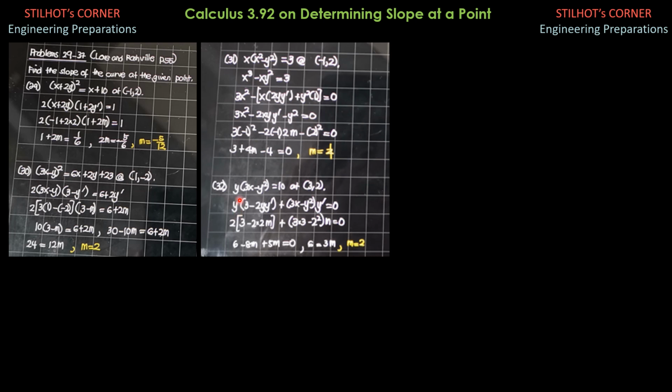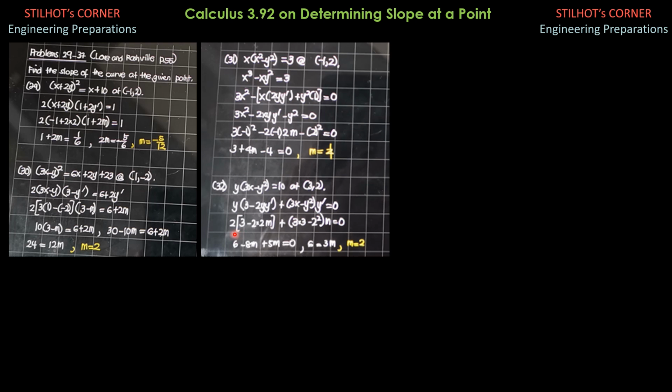First y, the derivative of (3x - y)² is 2(3x - y)(3 - y'), plus second (3x - y)², then the derivative of y is y', equals 0. Substituting the values, x is 3, y is 2: 2 times (3 - 2)... times 2 times y', which is m, plus (3·3 - 2)² m = 0.